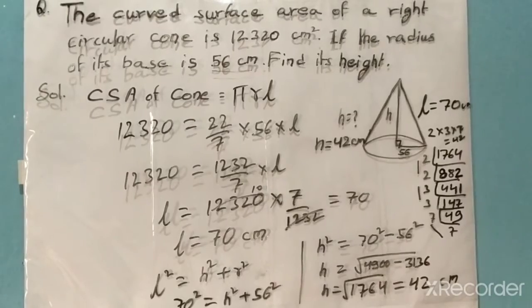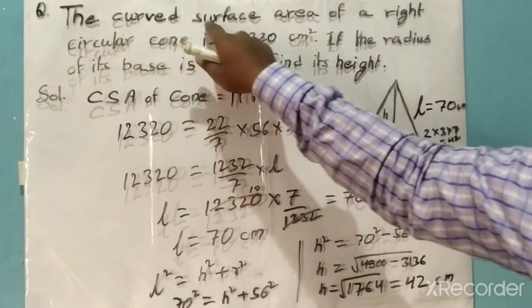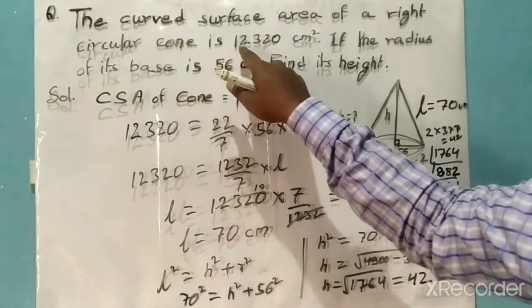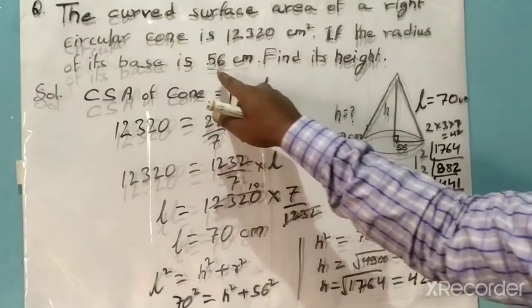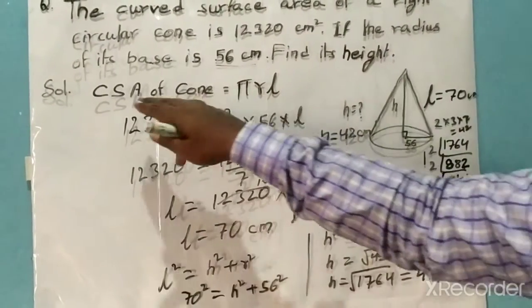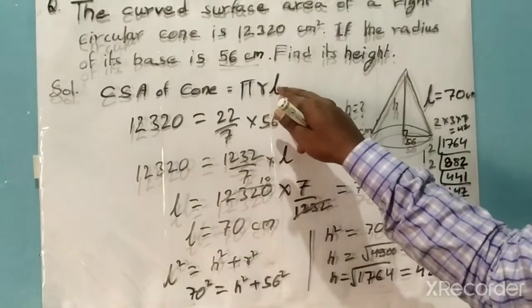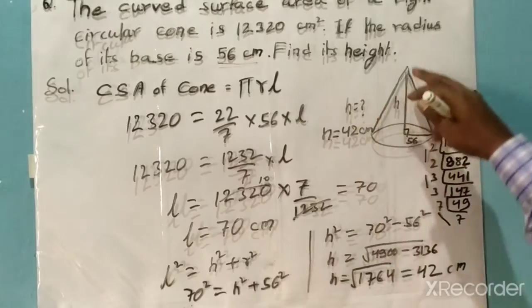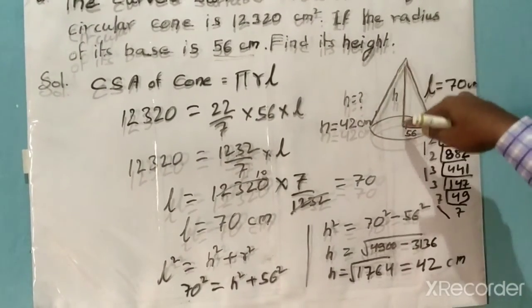So friends, let's revise again. In the question it is given that the curved surface area of a right circular cone is 12,320 centimeter square and the radius is 56 centimeter. We have to find the height. The curved surface area of a cone formula is pi r l. This l indicates the slant height, and we have to find the vertical height.